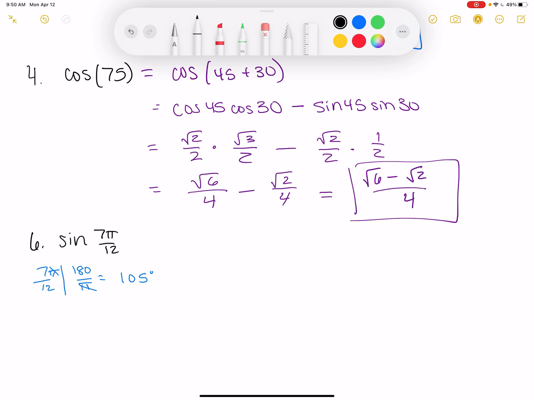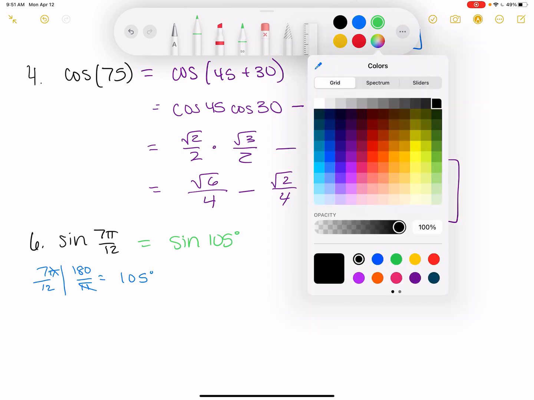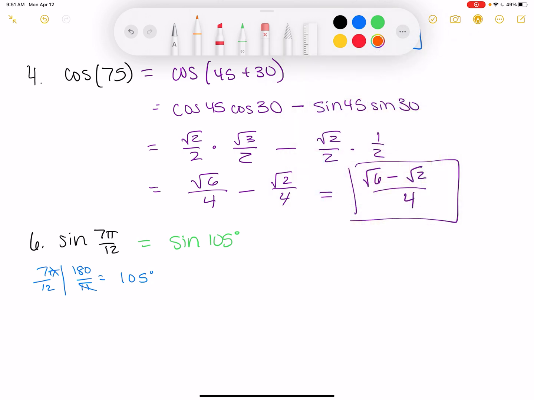So I can think about this now as the sine of 105 degrees. How could I break this one up into known values?